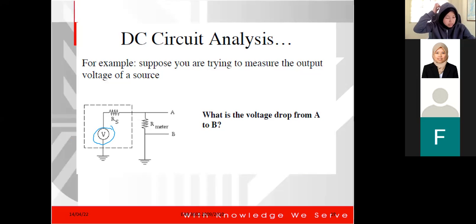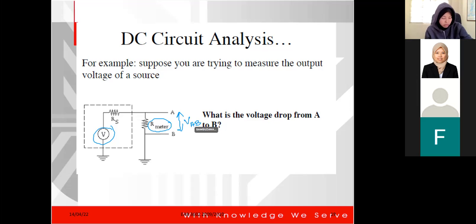R meter ni is bila you letak a component, dalam kes ni mungkin voltmeter ke, ammeter ke, you masukkan dalam circuit tu, that voltmeter or that component, that device also give you resistor. Kita labelkan kat sini R meter. So the question is, what is the voltage drop from A to B? So dia nak cari apakah VAB lah.